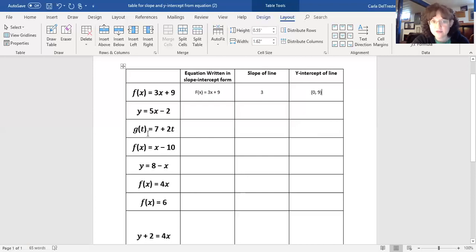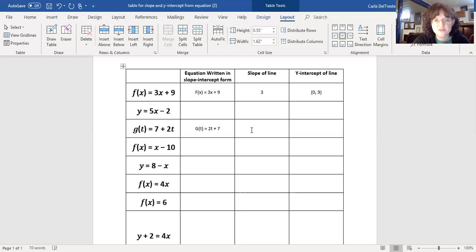It doesn't matter that my variable is now t. But I do need to have that variable term first if I want it to look like y equals mx plus b. To fix that, I'm going to rearrange those two terms. So this is going to be g of t equals 2t plus 7. All I'm doing is rearranging those terms. This way it looks perfectly like y equals mx plus b.